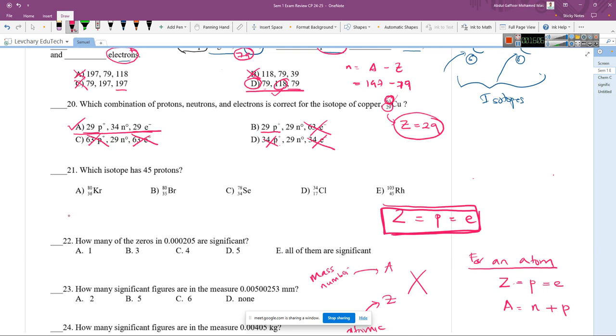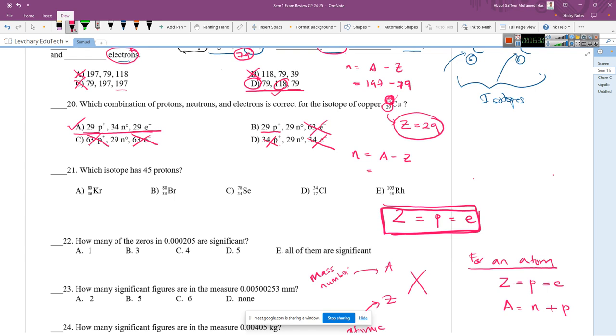Now shall we confirm our answer by calculating the number of neutrons? How can you do that? So how do you calculate neutrons? N is equal to A minus Z. So what is A?